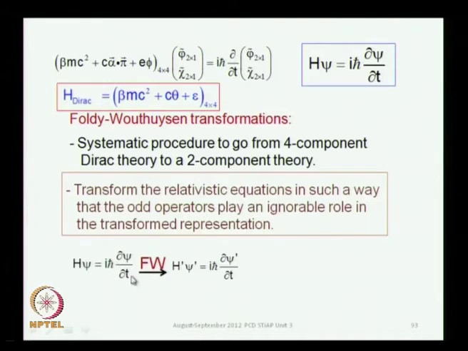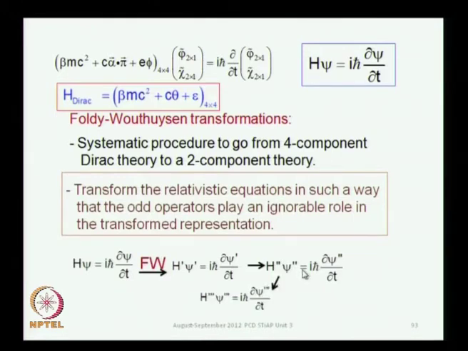You do it again, so subject it to a Foldy-Wouthuysen transformation, so that H psi would go over to H prime psi prime, and this whole equation transforms from H psi equal to i h cross del psi by del t, which is the Dirac equation. Okay, you begin with the Dirac equation, subject it to a Foldy-Wouthuysen transformation to a new representation for which I use primes. i and h cross are scalars, and if this is not good enough, subject it to another Foldy-Wouthuysen transformation.